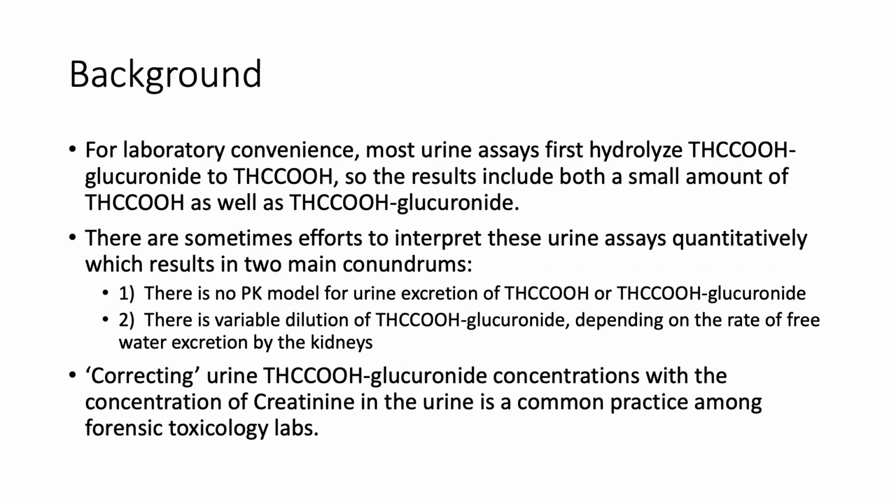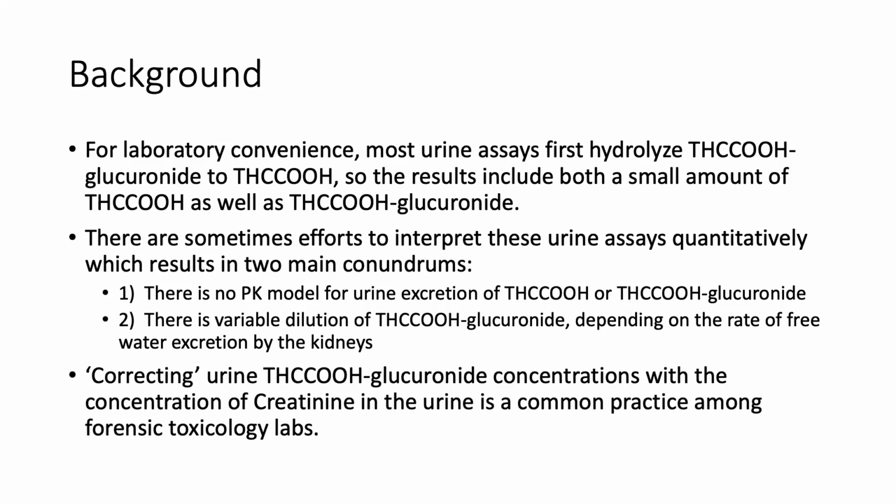There are sometimes efforts to interpret these urine assays quantitatively, which results in two main conundrums. First, there is no pharmacokinetic model for urine excretion of carboxy-THC or carboxy-THC glucuronide, which makes interpreting these results a problem.